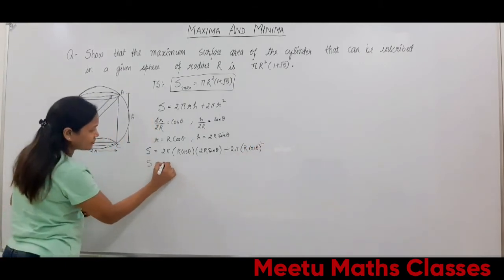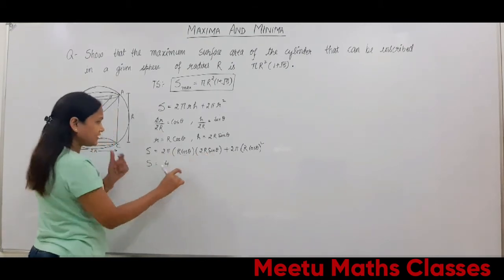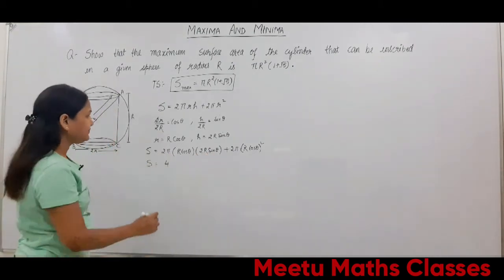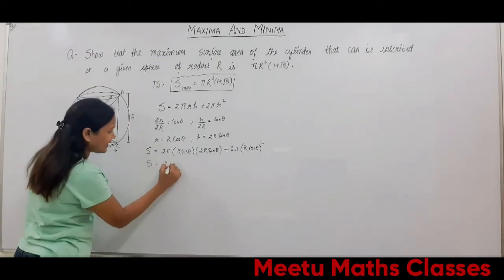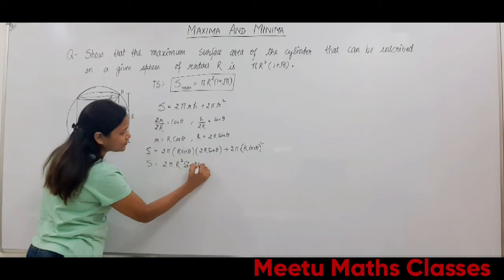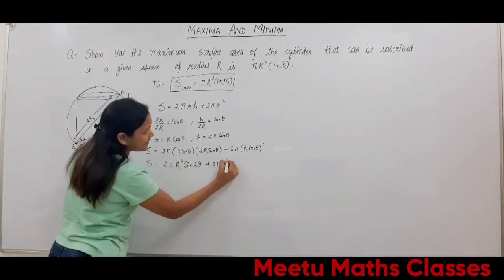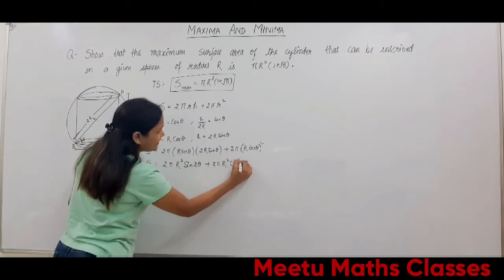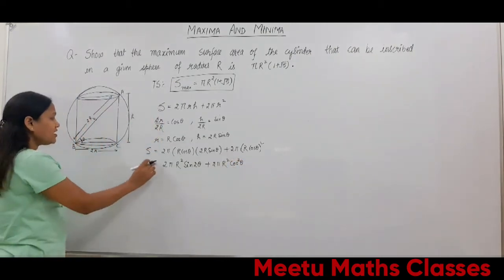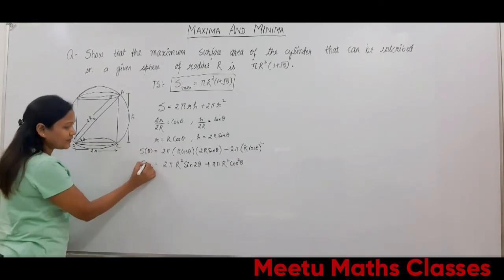So surface area function will become 2 sin theta cos theta, which can be written as sin 2 theta. So you can write 2 pi R square into sin 2 theta plus 2 pi R square into cos square theta. Now s is a function of theta.